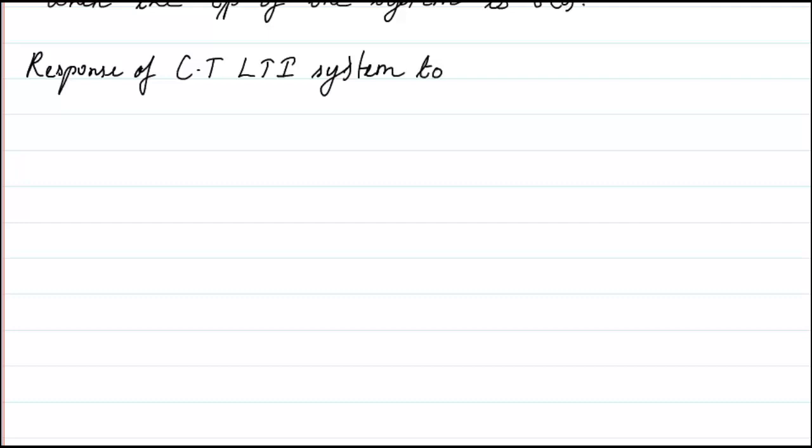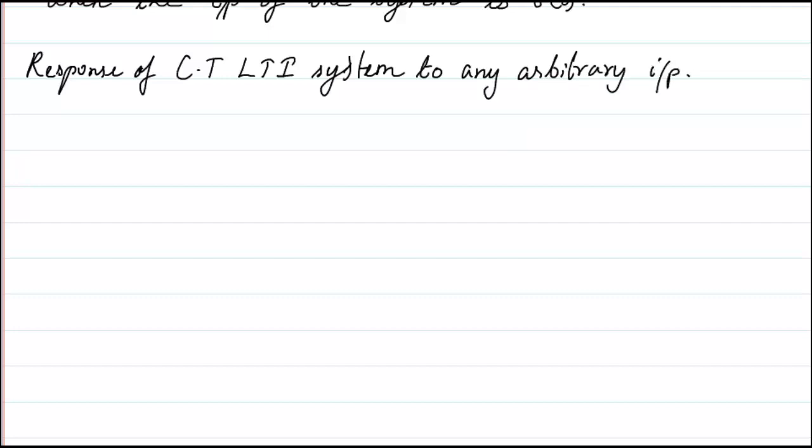So basically what we want to find out is the response of continuous time LTI system to any arbitrary input.